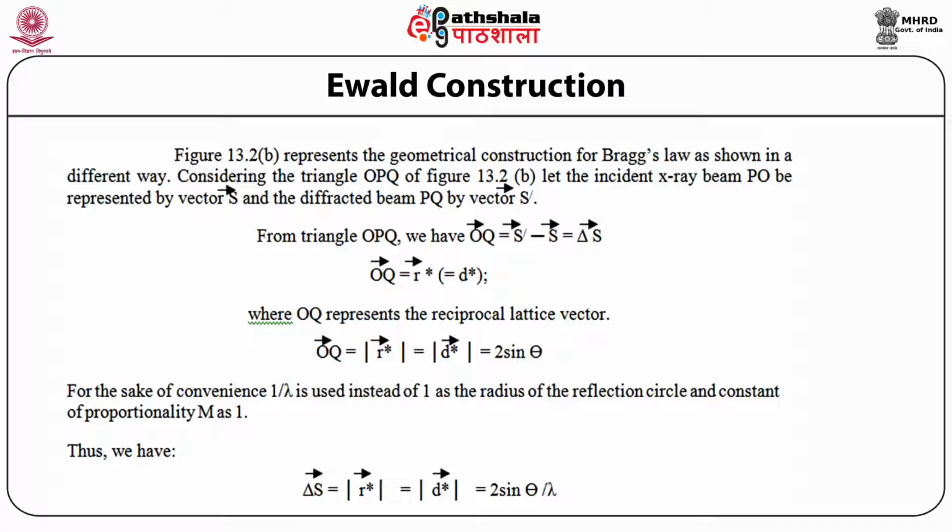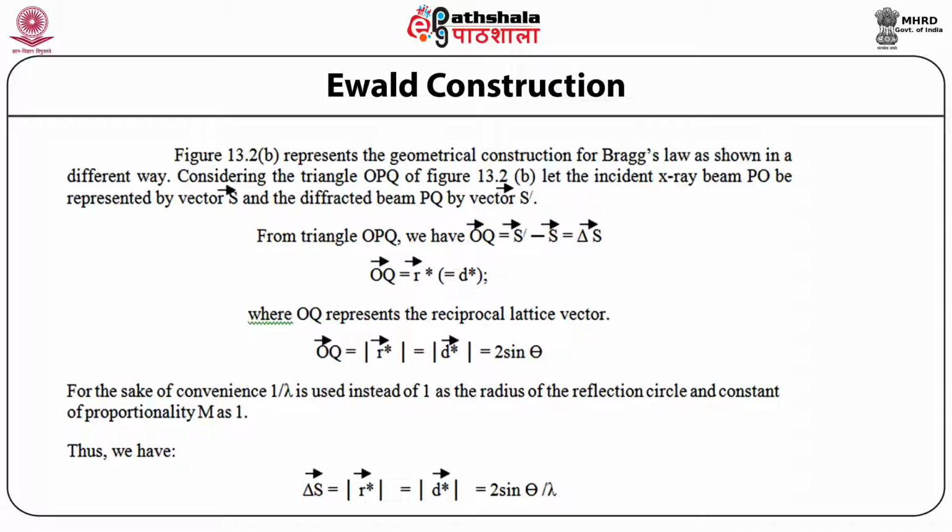OQ vector is equal to R star vector, which is equal to D star, where OQ represents the reciprocal lattice vector. OQ vector is equal to modulus R star vector is equal to modulus D star vector is equal to 2 sine theta. For the sake of convenience, 1 by lambda is used instead of 1 as the radius of the reflection circle and constant of proportionality capital M as 1.